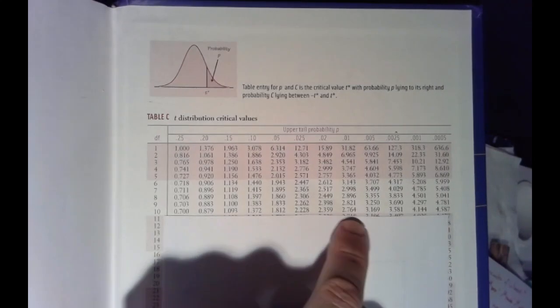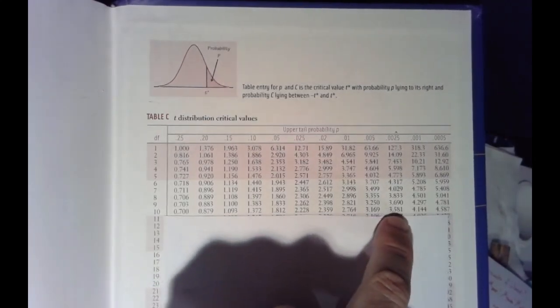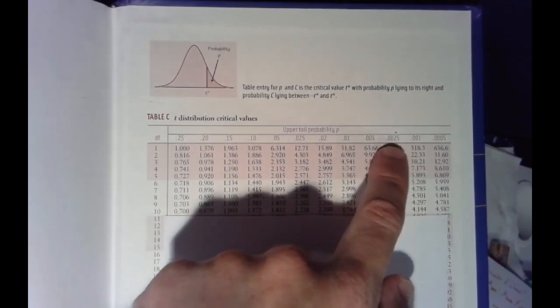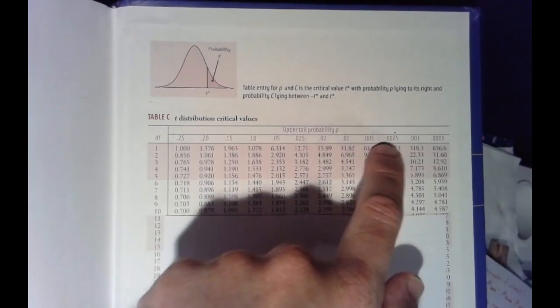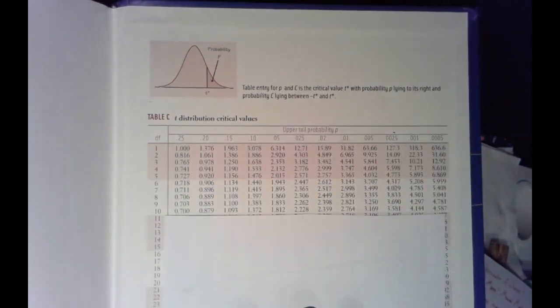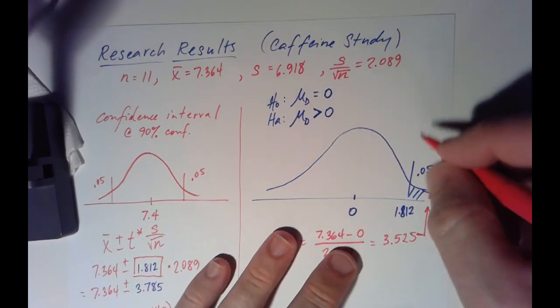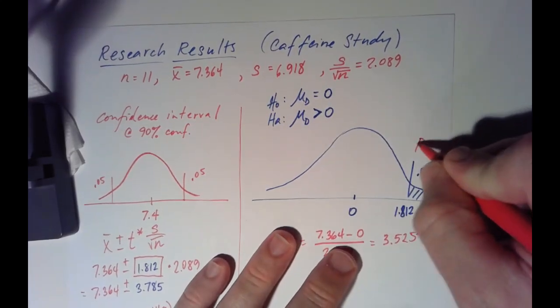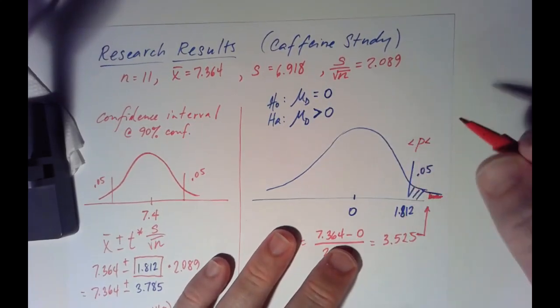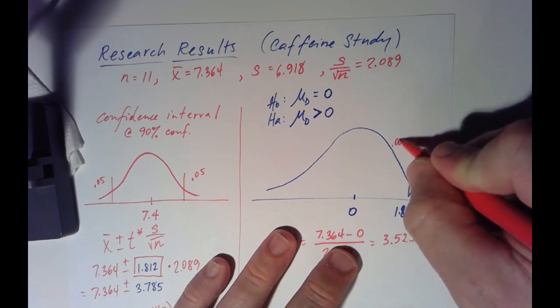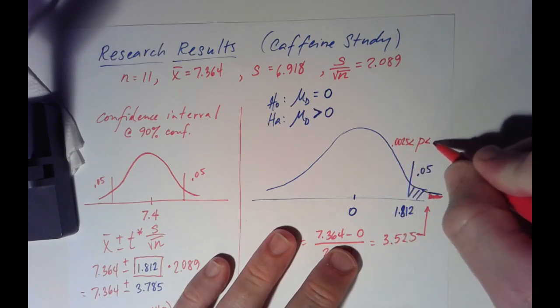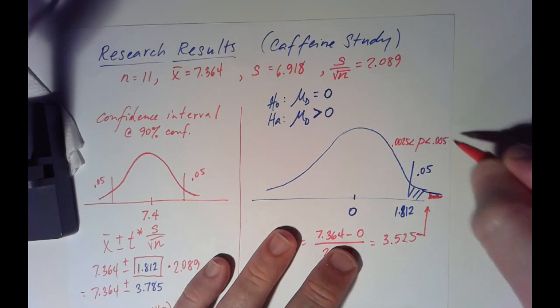And I go, go, go, and then I bump into that. So it's before I get to this p-value, but it's between those two numbers. So up here, I can say p is between 0.25% and 0.5%. That's not 5%. Be careful with your decimal places.